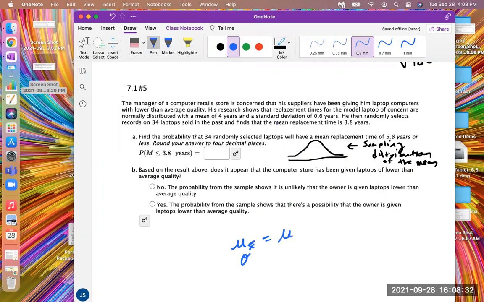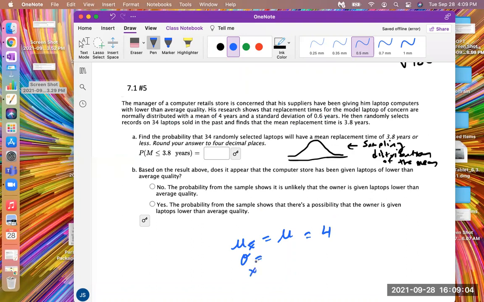Whatever they tell us is the standard deviation, we're going to use. His research shows that replacement times for the laptop have a standard deviation of 0.6. I'm sorry, the 4 is the mean, and 0.6 is the standard deviation. We're talking about the mean right here, mu.